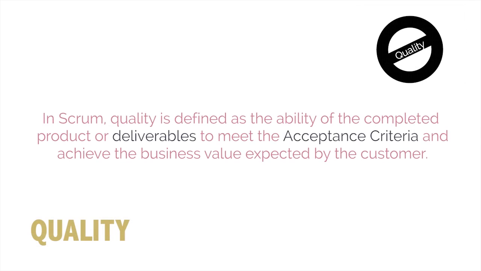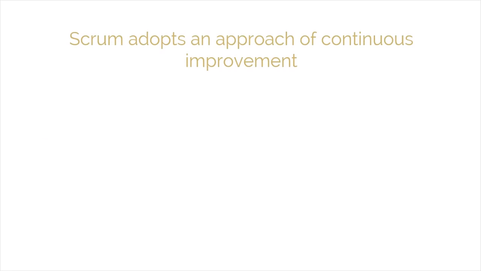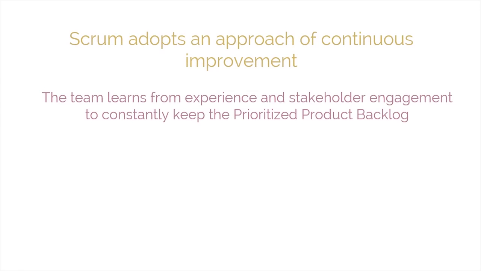In Scrum, quality is defined as the ability of the completed product or deliverables to meet the acceptance criteria and achieve the business value expected by the customer. To ensure that a project meets its quality requirements, Scrum adopts an approach of continuous improvement, whereby the team learns from experience and stakeholder engagement to constantly keep the prioritized product backlog updated with any changes and requirements.